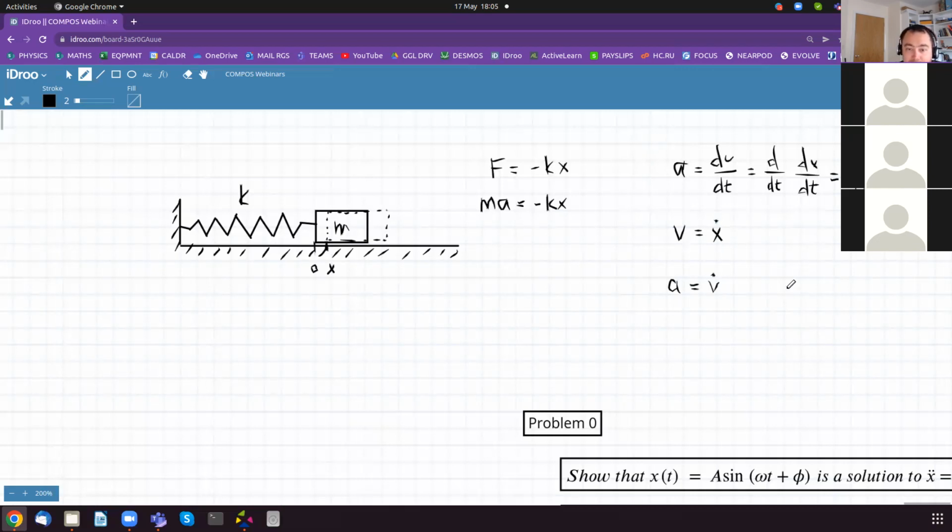So we can replace a with x double dot. Mx double dot is equal to minus kx. What we aim to find is the equation of x with respect to time. So we want to know what is the position of the mass at any given time.